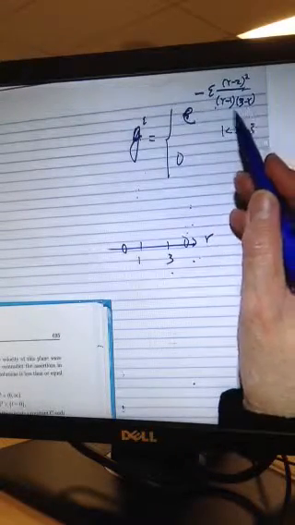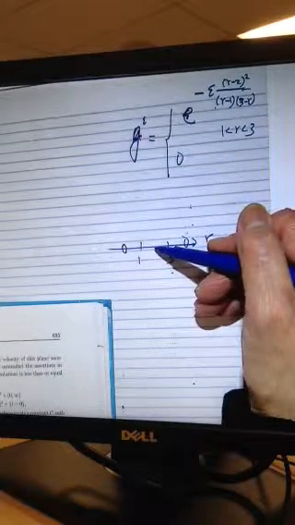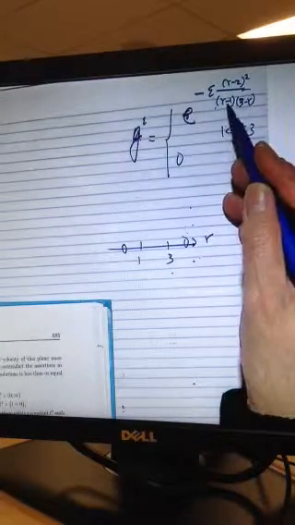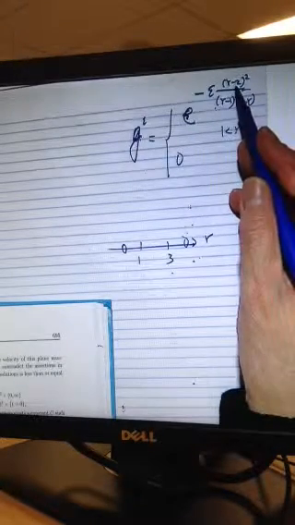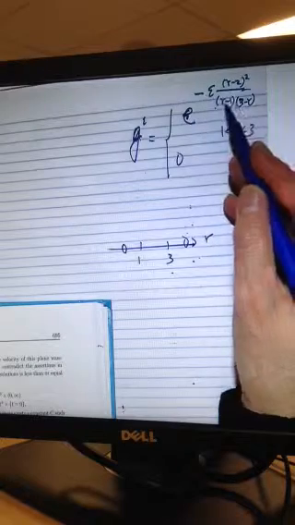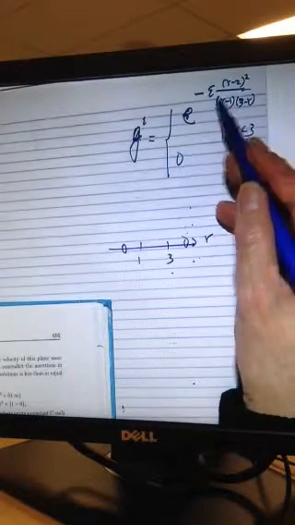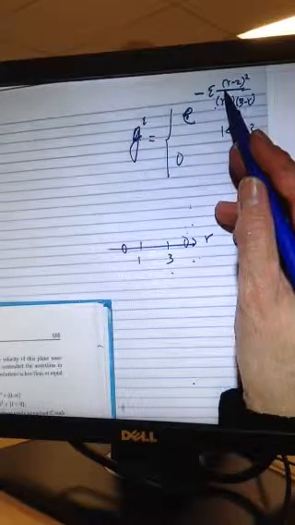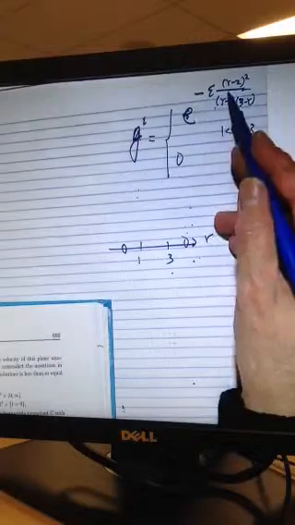So it is positive, but with a minus. When r approaches 1 from the right-hand side, this is very small, so minus, and very small, so this is very large. So minus is very large, and e to the minus that is 0.